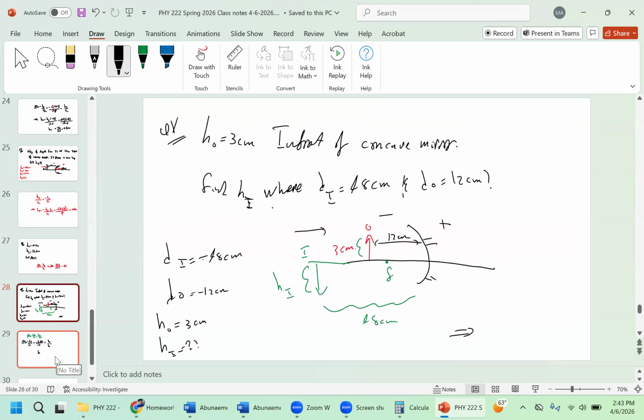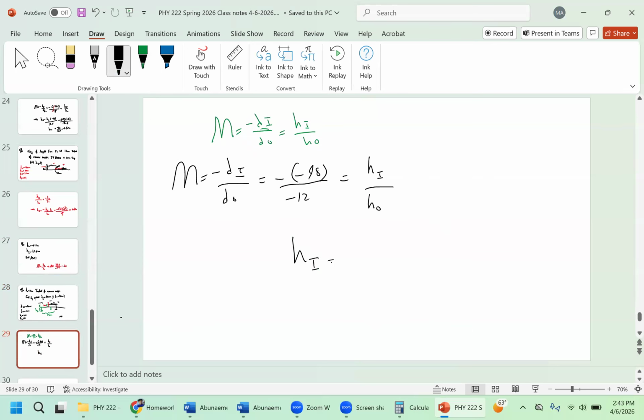We're looking for the height of the image, so HI is going to equal HO times 48 divided by negative 12, which equals 3 times 48 over negative 12.